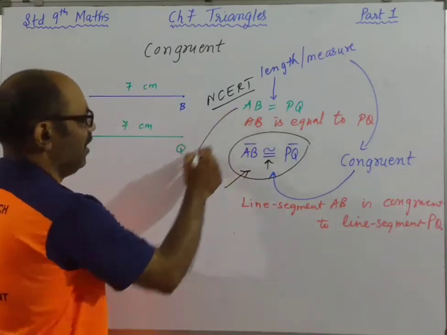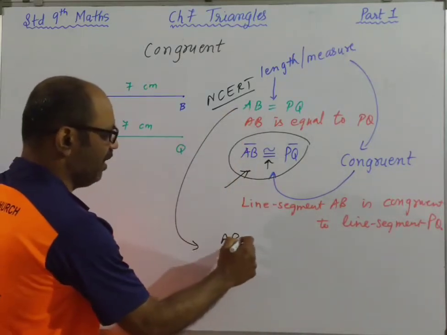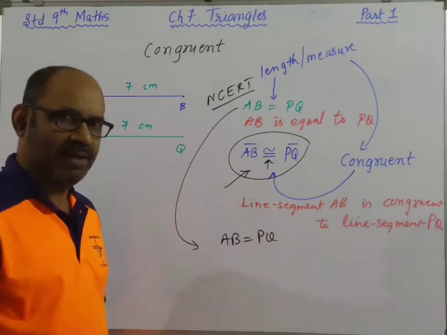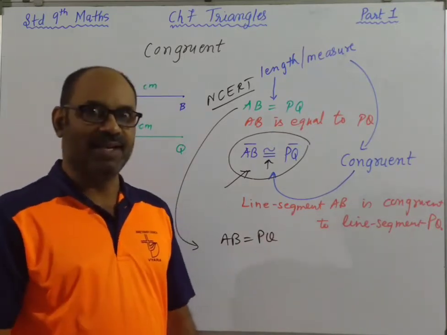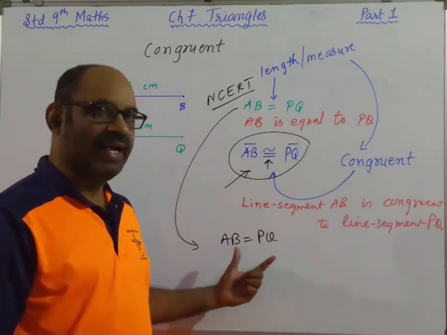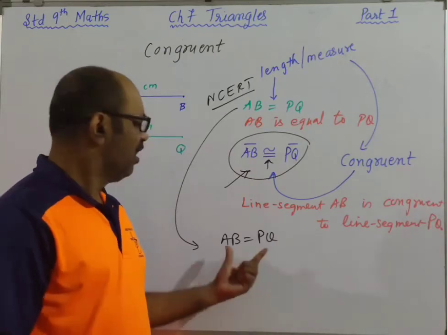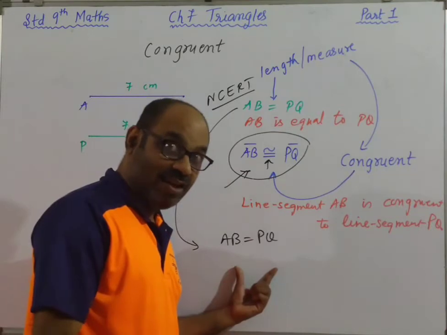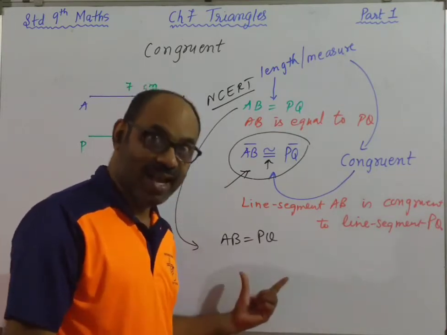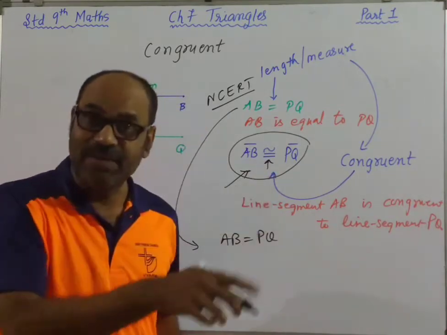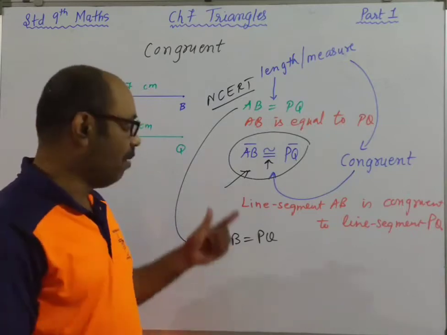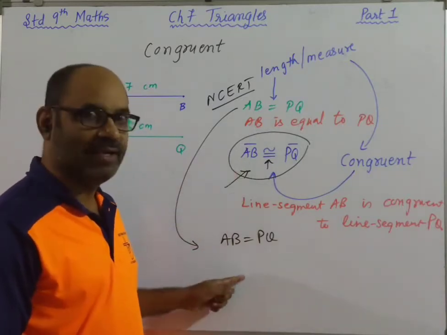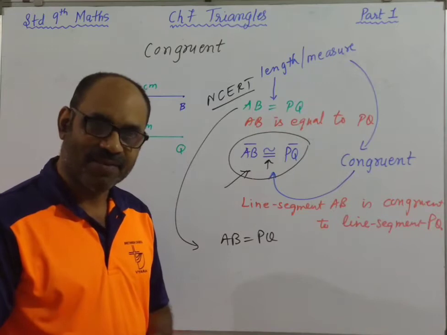They write only AB is equal to PQ. We have to understand whether it is congruent or equal. But we know if the lengths are equal, the line segments are congruent. If the lengths of line segments are the same, then the line segments are congruent. Now whether you write like this or like this, you have to understand.